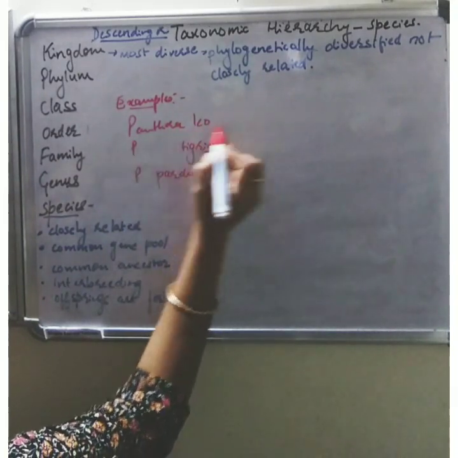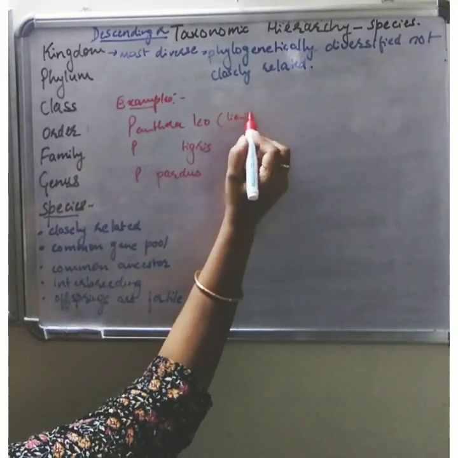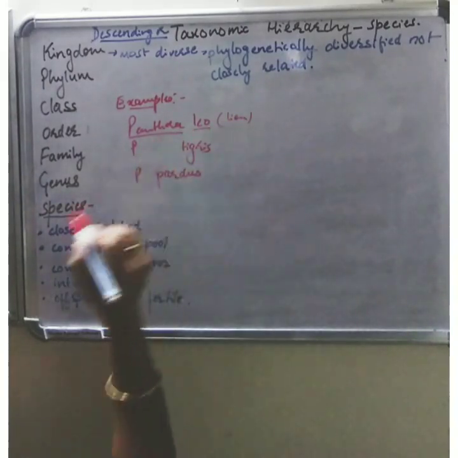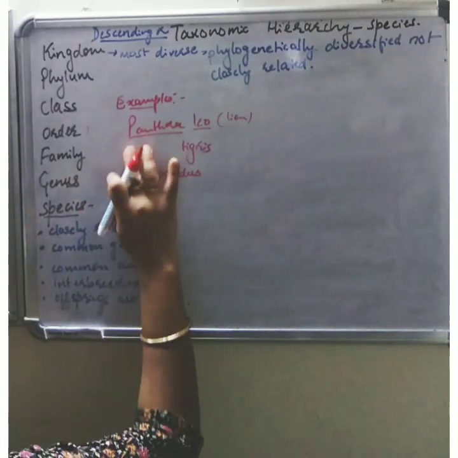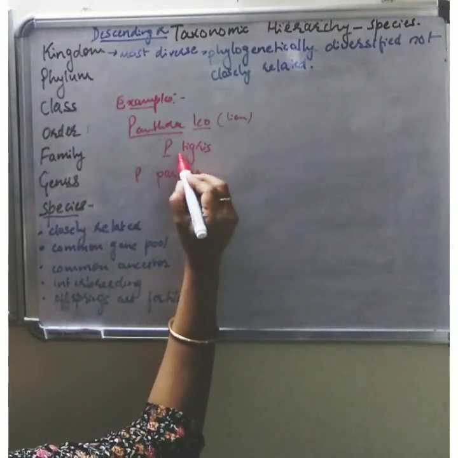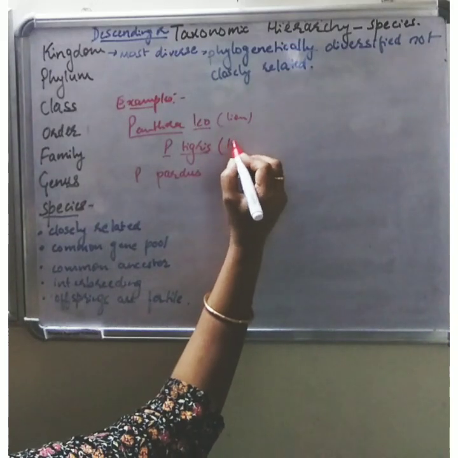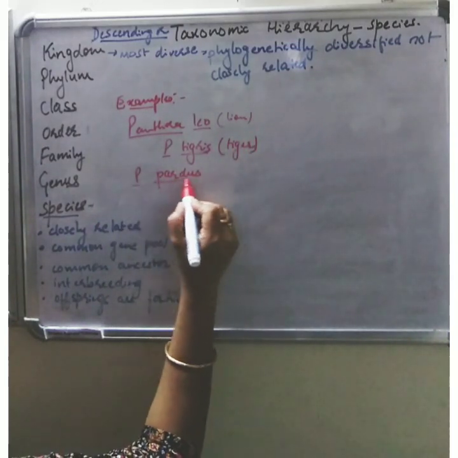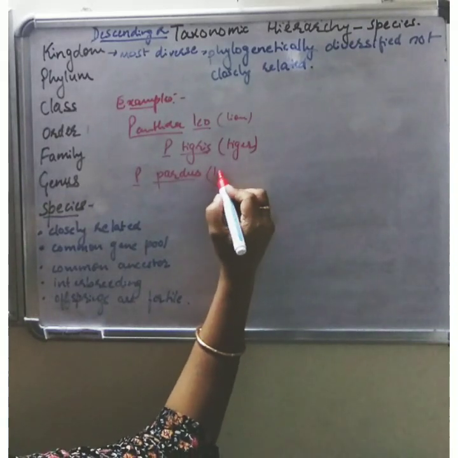Panthera leo is for the lion, and because I am writing it down, we have to underline it separately. Panthera tigris is for the tiger. Panthera pardus is the scientific name for leopard.